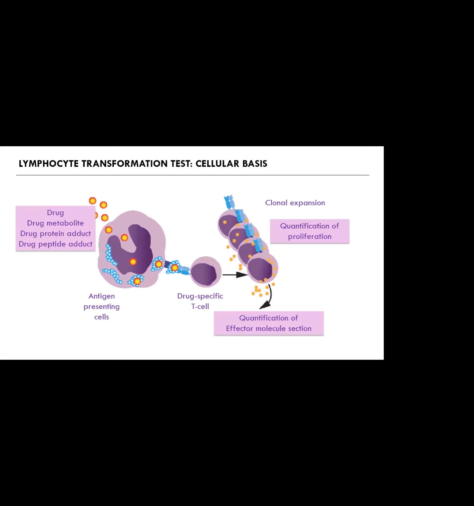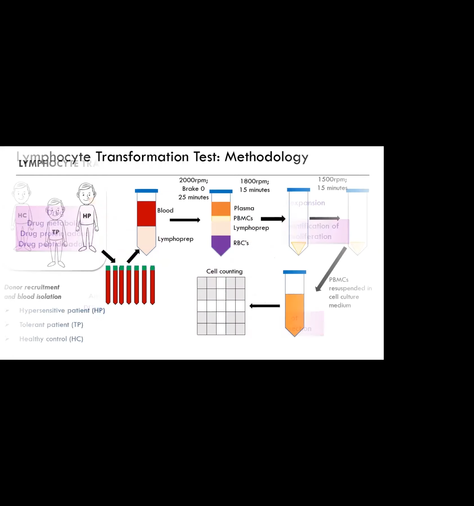and then it can now be quantified. And then we can now see if the drug is able to elicit stimulation on the particular cells in question. The idea being that if a drug is really responsible for an adverse drug reaction or hypersensitivity reaction, you would see proliferation. In instances where they are not, you will see a situation where there will be no proliferation of those cells at all.